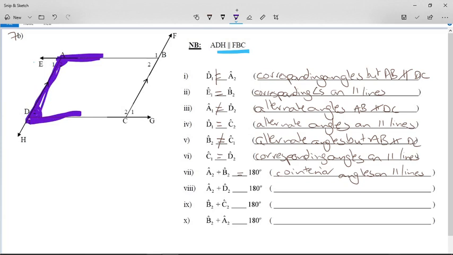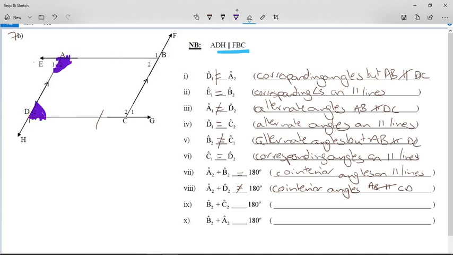Here's the one angle and here's the other angle. So these are co-interior angles because they're making the C shape. Are they going to equal 180? No, they are not, because this line is not parallel to that line. So AB is not parallel to CD.